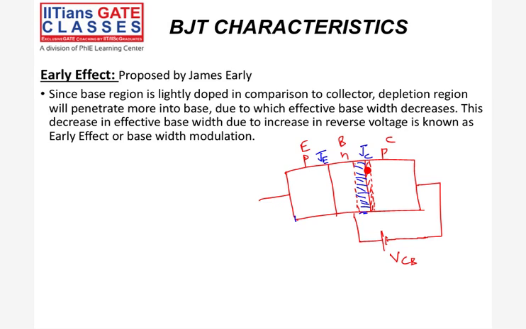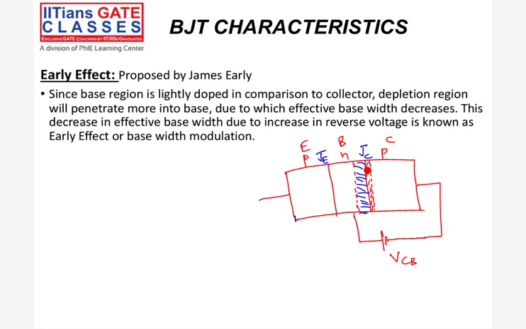How? Because of external voltage, that is VCB applied here. This is reverse biased voltage. So now suppose I increase this reverse bias voltage, the depletion region width of JC junction increases. And because base is lightly doped, it will penetrate more into the base region, and collector is moderately doped, so it will be less in the collector region.